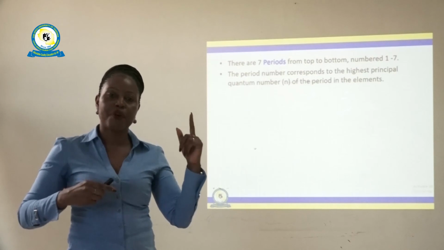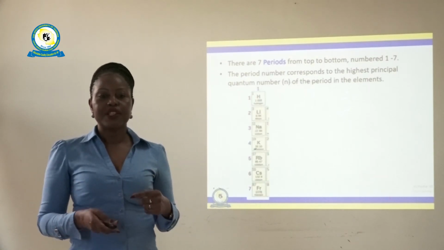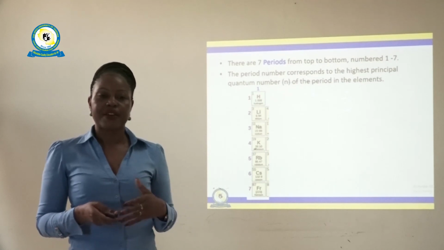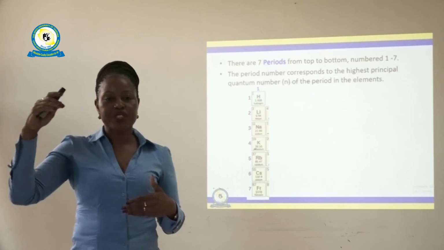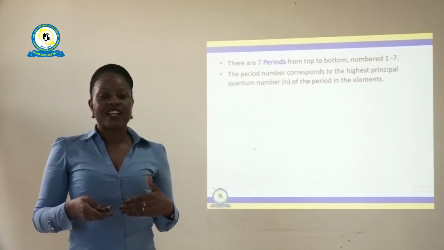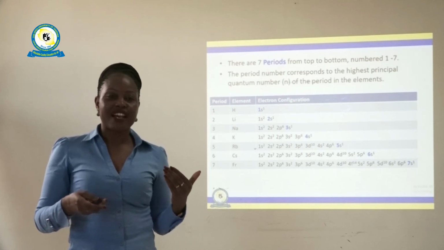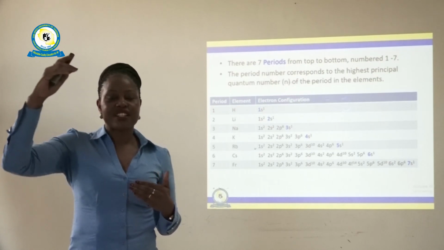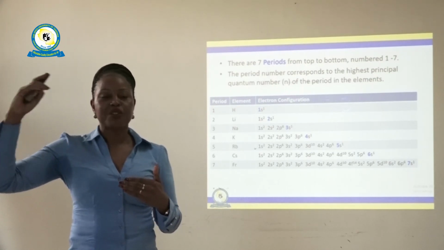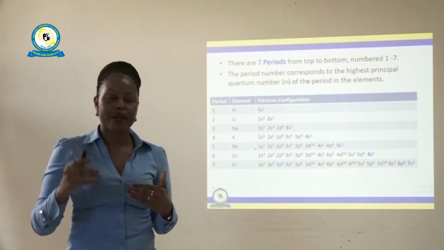From that example of group 1, you see that there are 7 rows, and among the 7 periods, each element's outermost configuration corresponds to the highest principal quantum number.